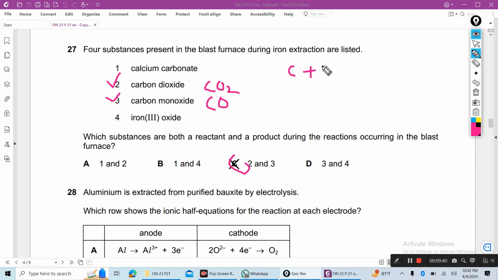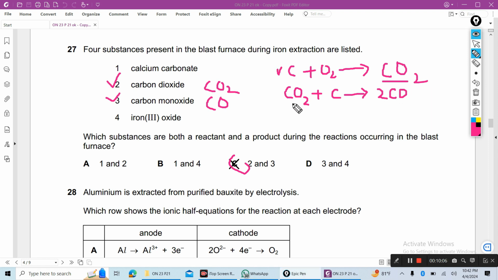This is the first step, so here carbon dioxide is a product. Again, in the second step, carbon dioxide is reduced by carbon to produce carbon monoxide. So in the first reaction carbon dioxide is a product, in the second reaction carbon dioxide is a reactant.